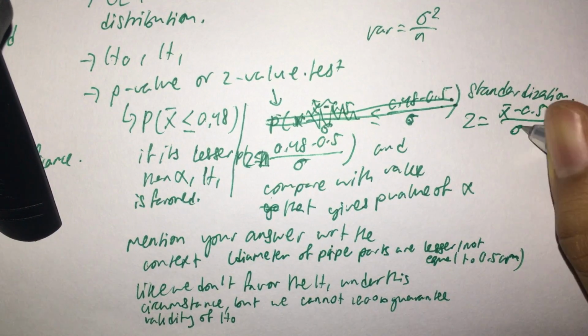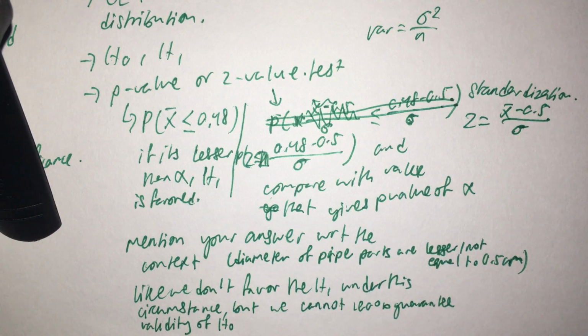This is useful if you know the probability beforehand, but you do not know either the mean or the variance. You're trying to figure out what is the limit to which you can go before your result is rejected or something like that. Then you can use the standardization method.